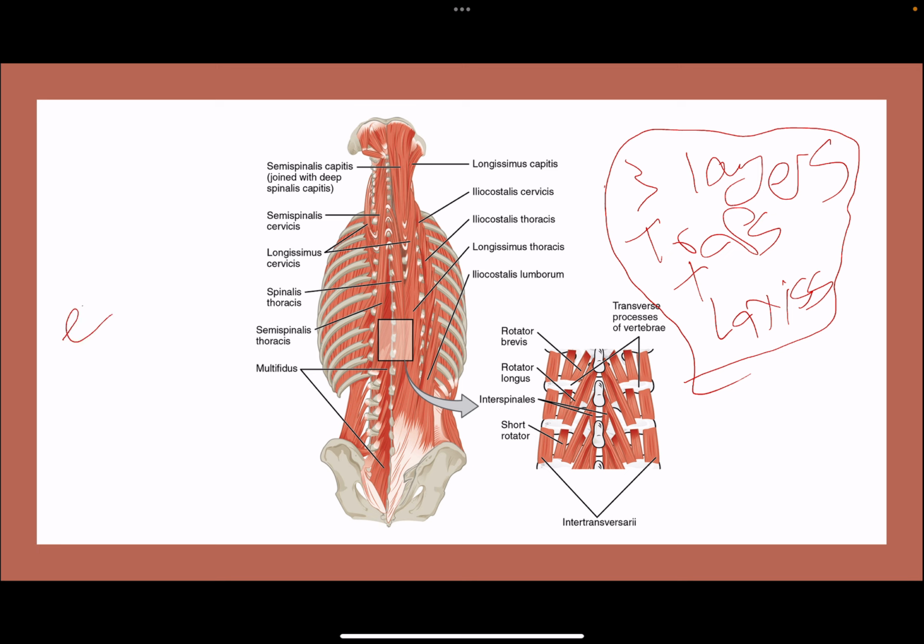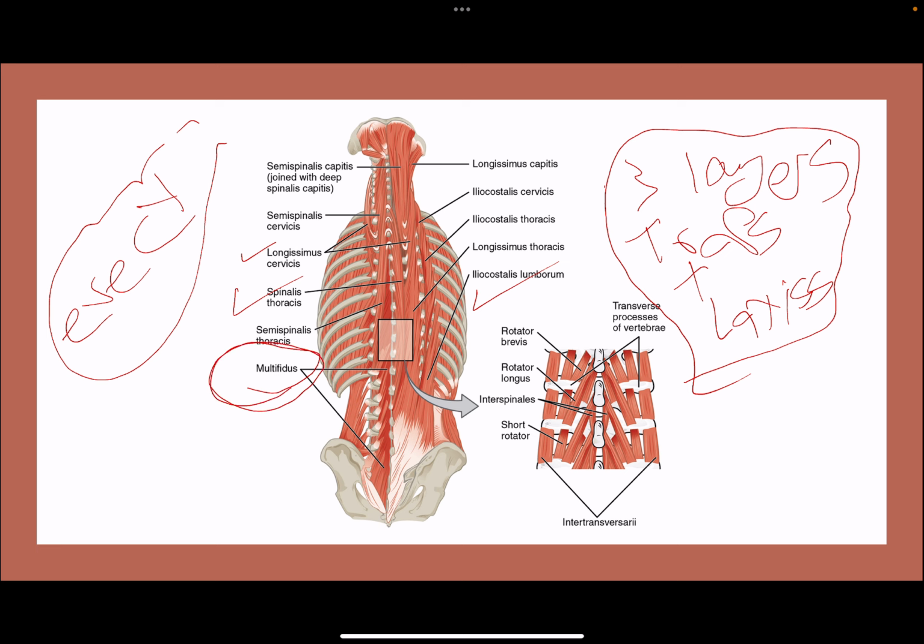Erector spinae, which make the spine erect: longissimus, spinalis, and iliocostalis. They also have three sections, cervical, thoracic, and lumbar, but that is more detailed. And multifidus. So erector spinae, multifidus, and quadratus lumborum are lumbar extensors, which are tight.